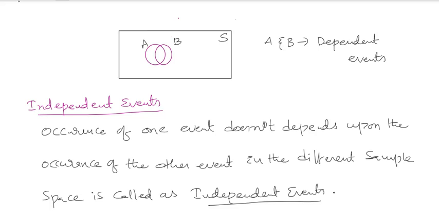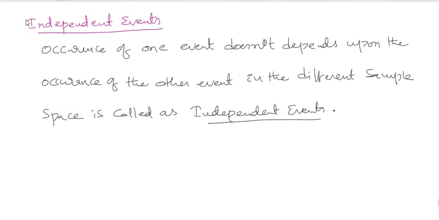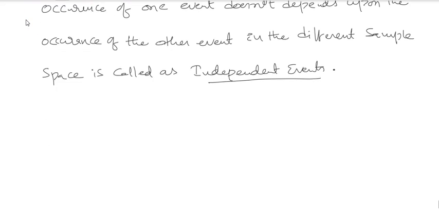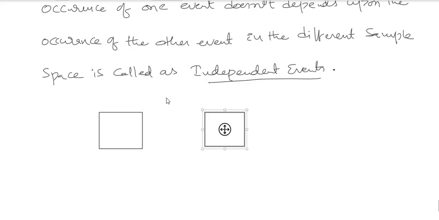Similar to your earlier case, if I show that with respect to an event diagram, here I have to consider two different sample spaces. This you take as a sample space, this also you take as a sample space.